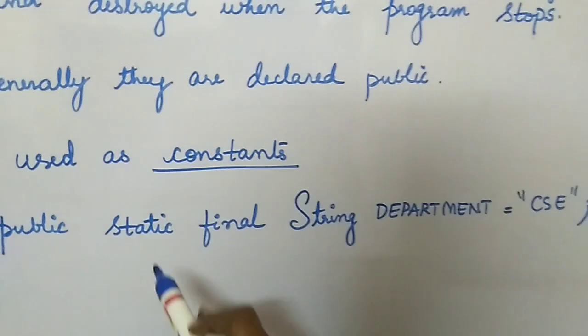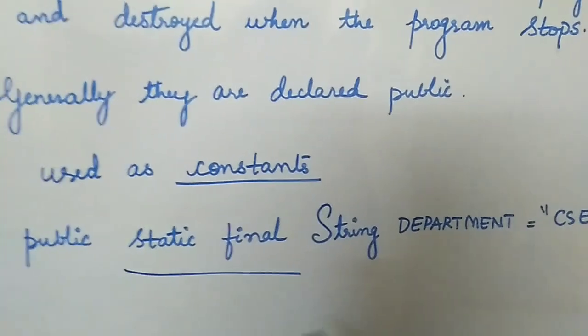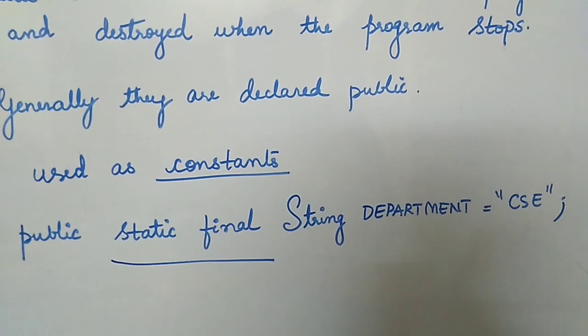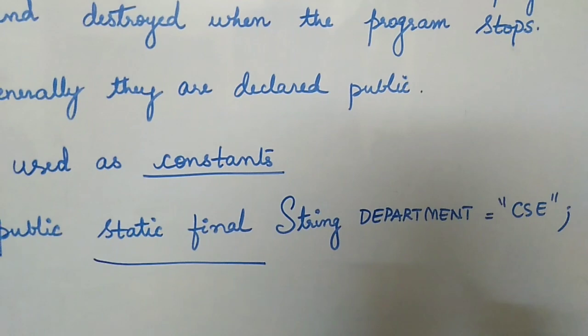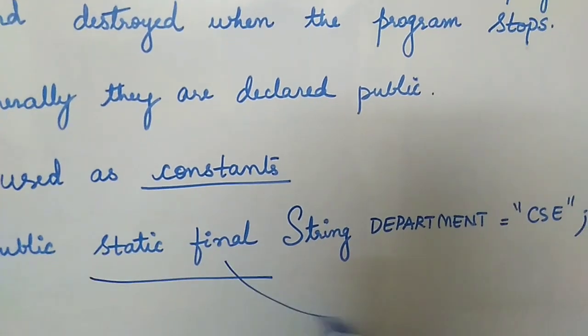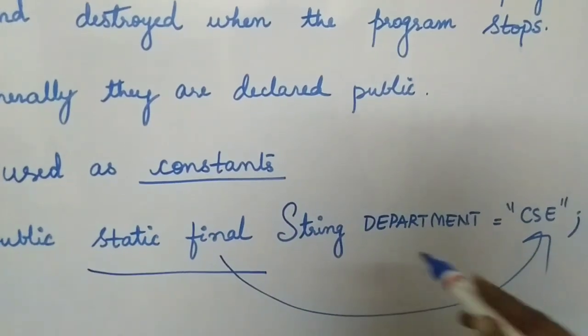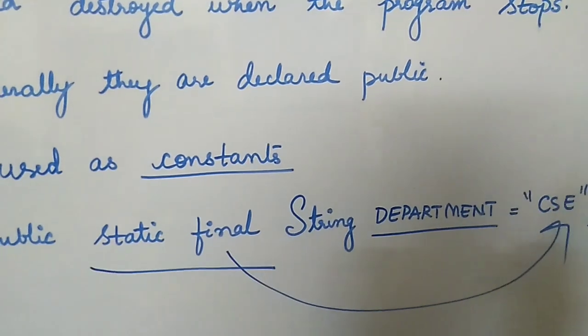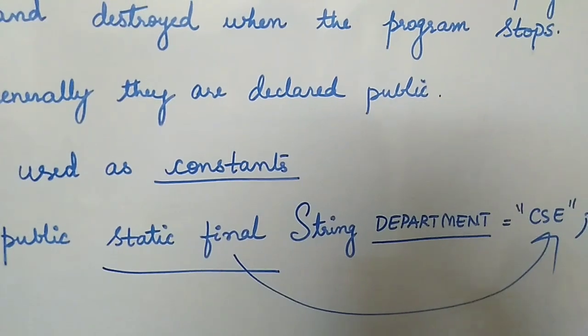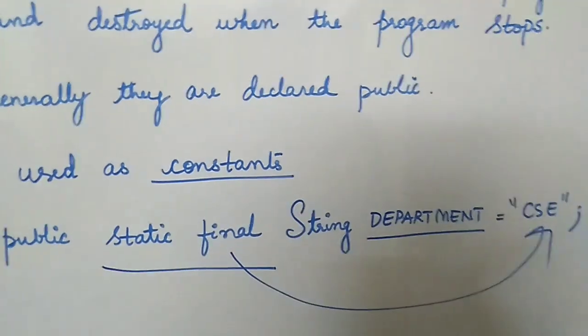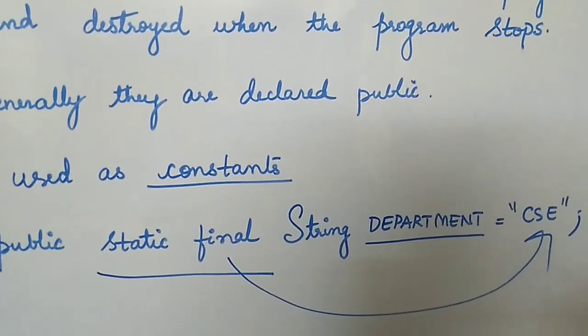Whenever you say static final, they are considered to be constants. Final variables need initialization, so you should not forget this. The naming convention for final variables is that the identifiers are put in uppercase.